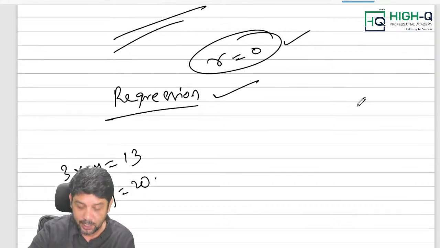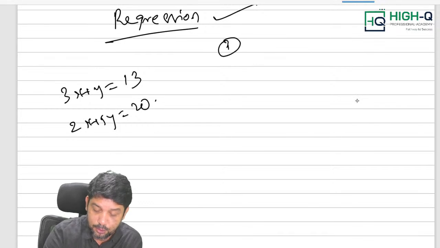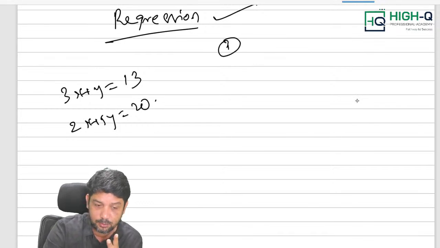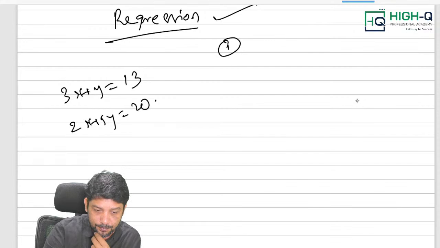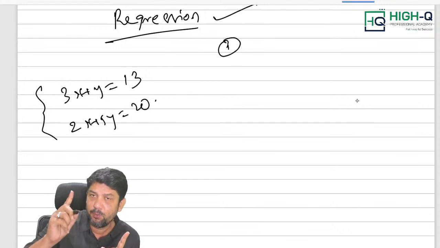Two linear equations are given. There are 4 types of questions expected if two linear regression equations are given. Am I right, my dear? 4 types of questions are expected from regression, and any one question will be asked.